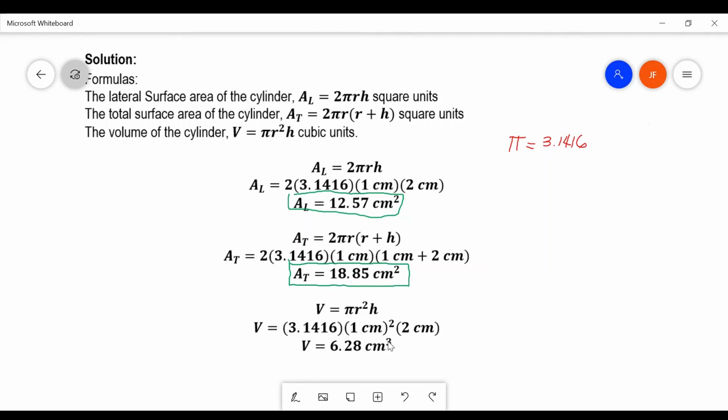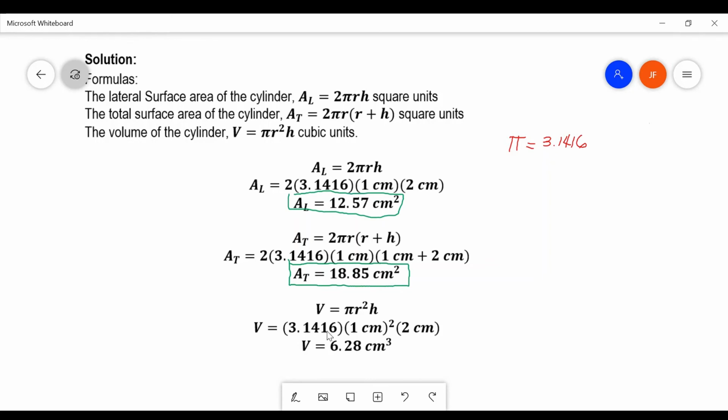Now why cube? Because if you relate this to the concept of a cube or a rectangular prism, it has 3 dimensions. That's why we use a cube here.